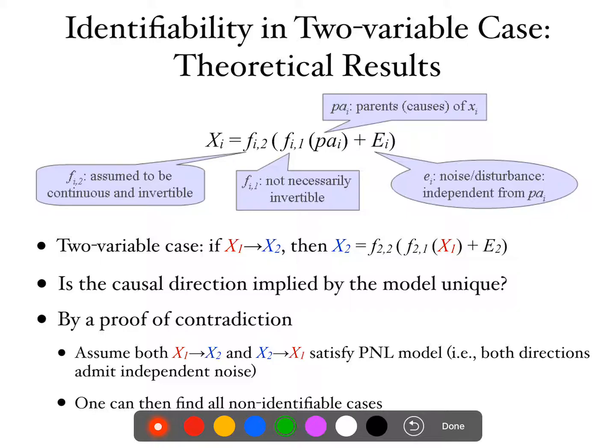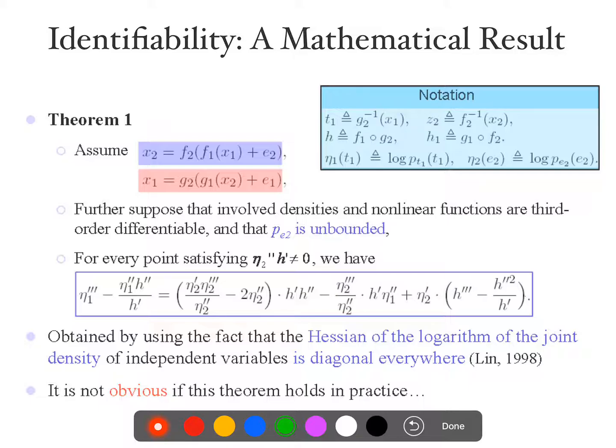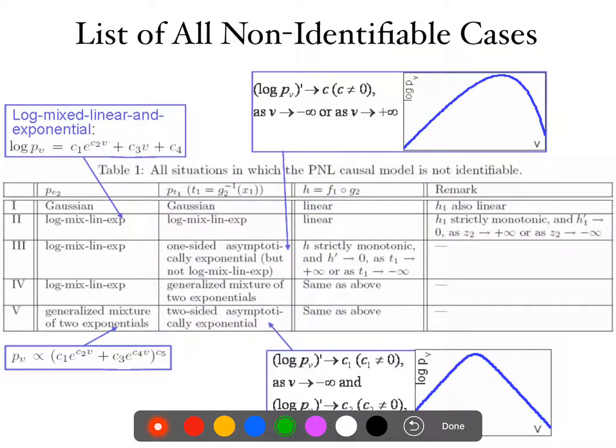And then in theory, identifiability. How can you prove this? Basically, you assume that for both directions, the noise can be independent from the predictor. Then you can find the implication of this assumption. And finally, after solving some equations, you can see that even for the post-nonlinear model, which seems very complicated because you have the sensor distortion nonlinear function, right, there are only 5 situations where you cannot determine the direction, where for both directions you have independent noise.